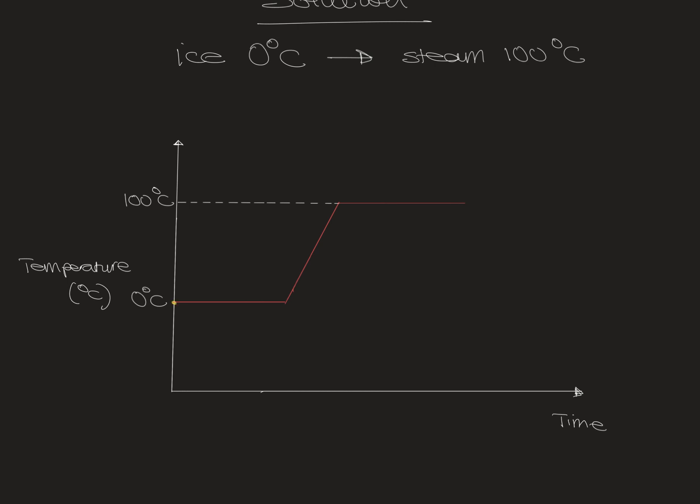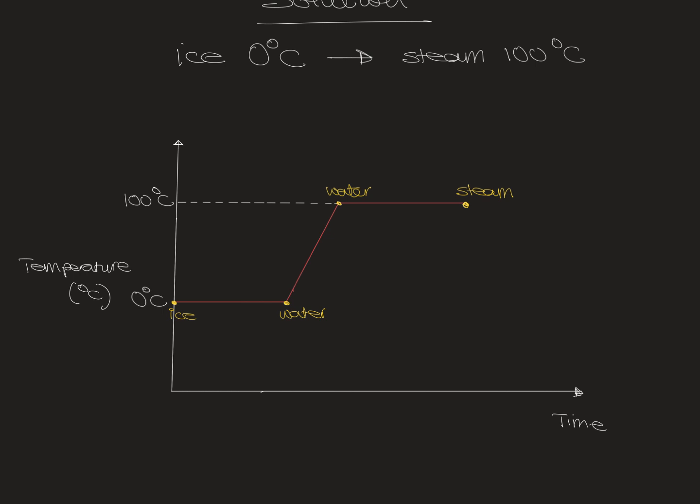So this point here, we have ice at 0 degrees Celsius. This point here, we have water at 0 degrees Celsius. This point here, we have water at 100 degrees Celsius. And this point here, we have steam at 100 degrees Celsius. All right.